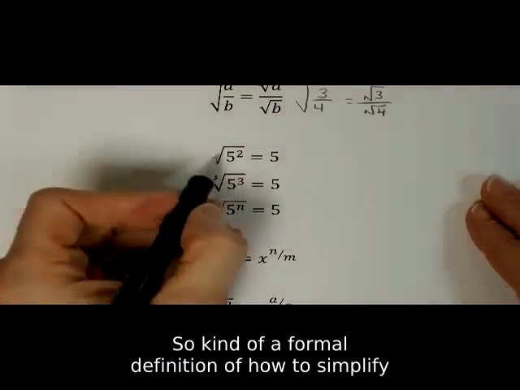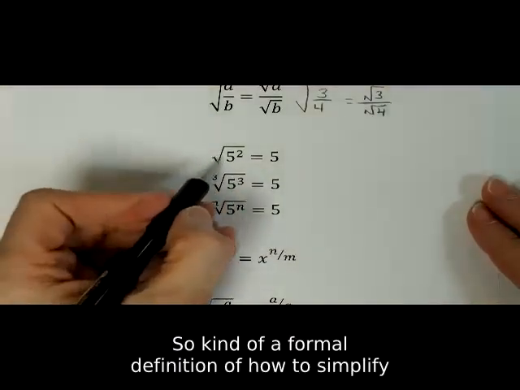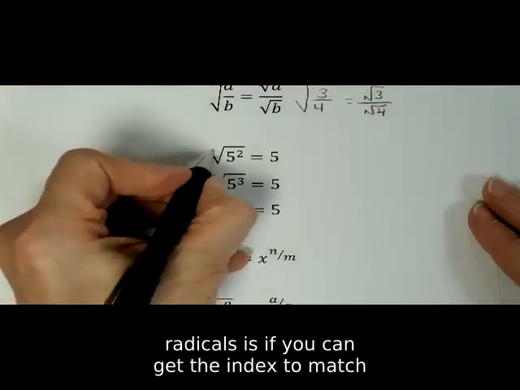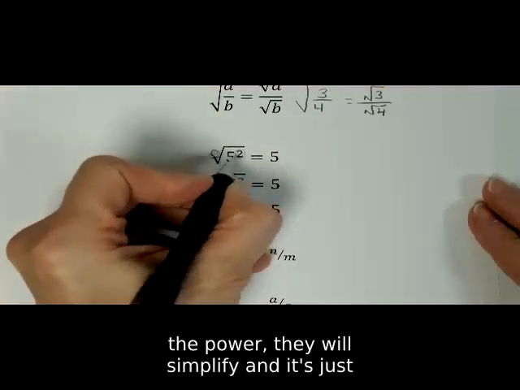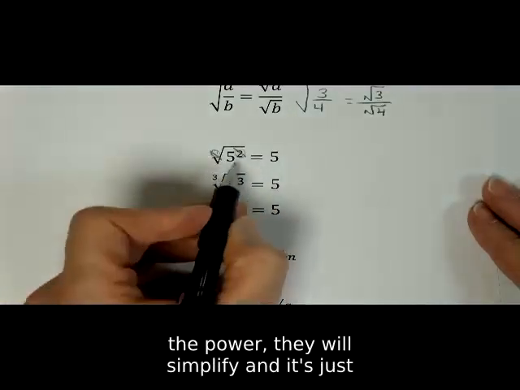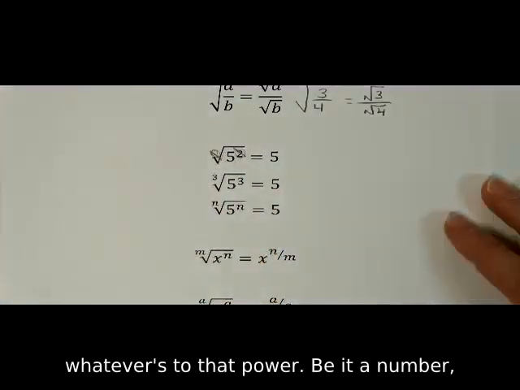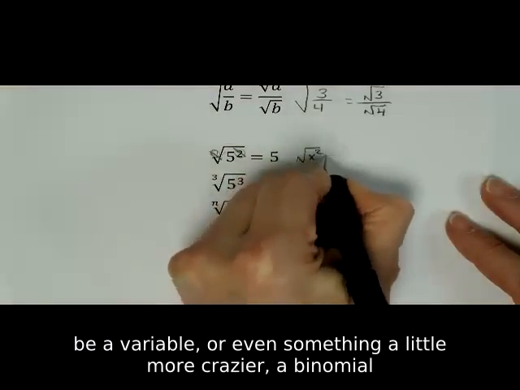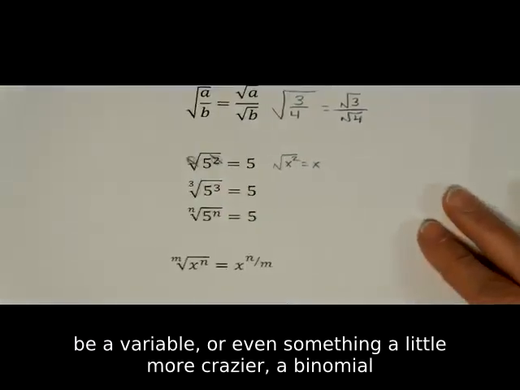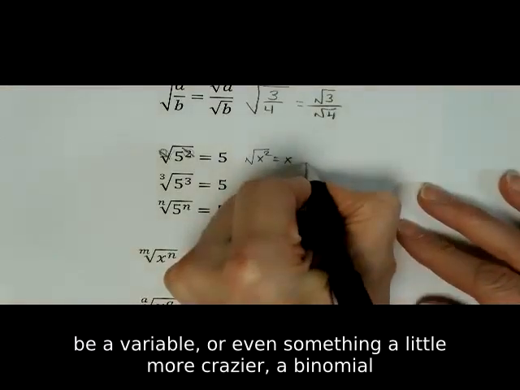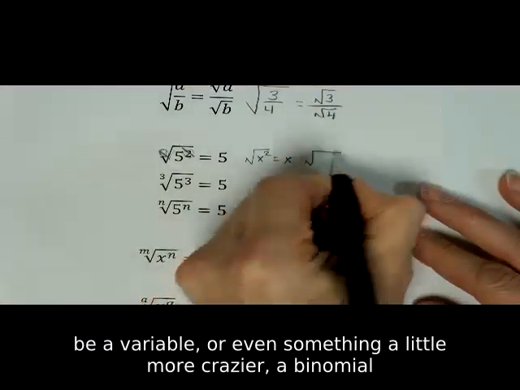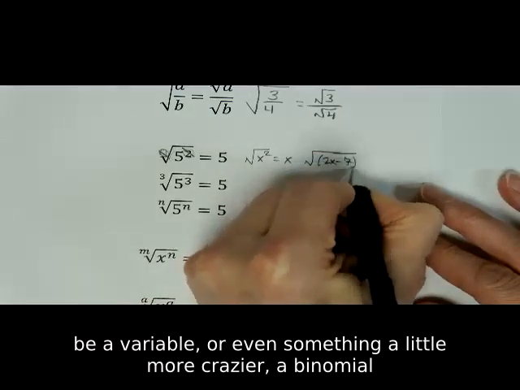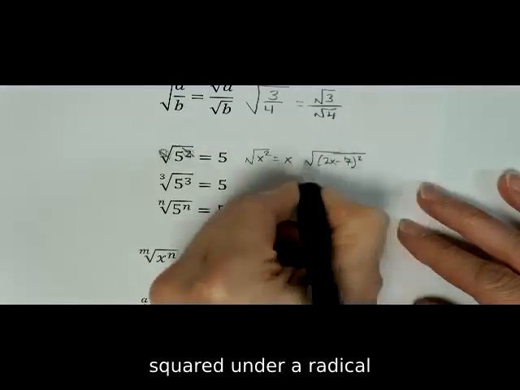A formal definition of how to simplify radicals: if you can get the index to match the power, they will simplify, and it's just whatever's to that power. Be it a number, a variable, or even something a little crazier, like a binomial squared under a radical.